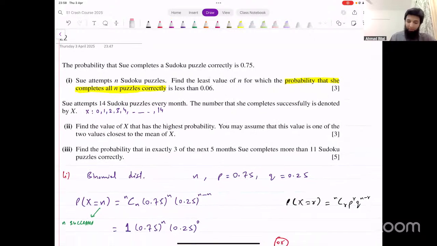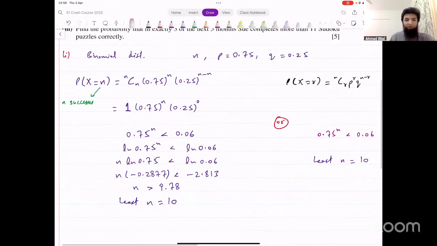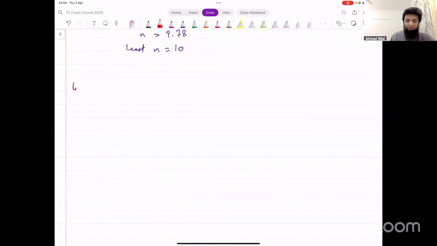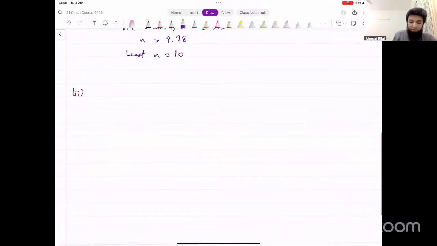So let's find the mean of X first of all. What's the mean of X? It's a binomial distribution. What's the mean for a binomial distribution? What's the expected value or mean of a binomial distribution? It's n times p, right? You can call it expected value, you can call it mean, it's n times p. n is 14, probability of success is 0.75, and that will give you 10.5.